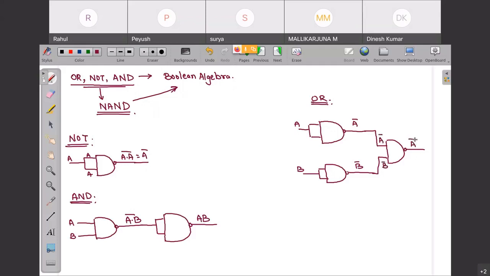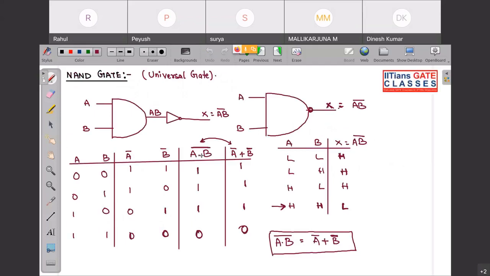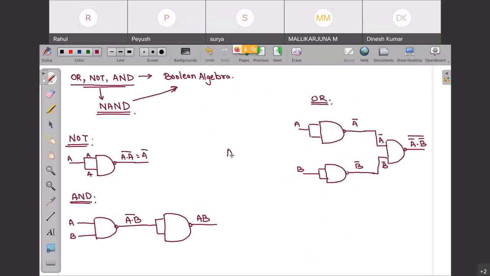So this will be A bar dot B bar whole complement. Just now we have seen that A dot B whole complement is equal to A bar plus B bar. So even this I can write like this, where A corresponds to A complement and B corresponds to B complement. So this will be A double complement plus B double complement, so that will be A plus B.